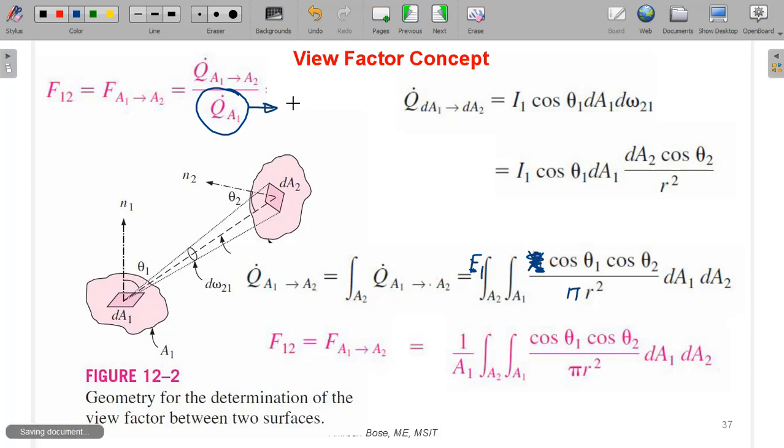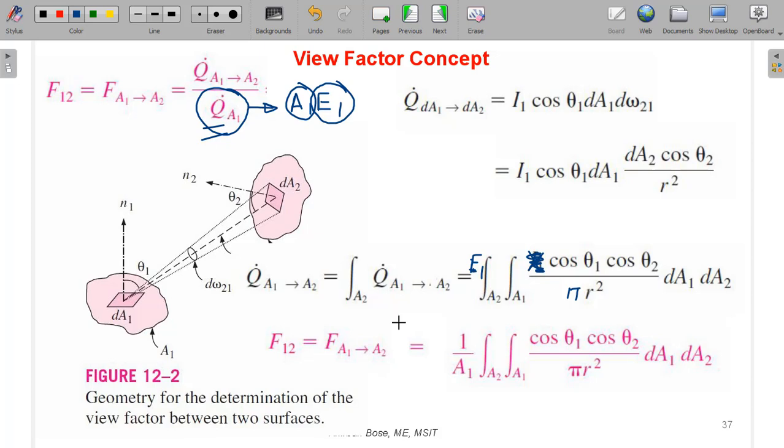You can easily find that the total emission is nothing but A1 into E1, right? A1 into E1 is the total thermal energy, because this is the flux multiplied by the area, so its unit will be in watt, right?